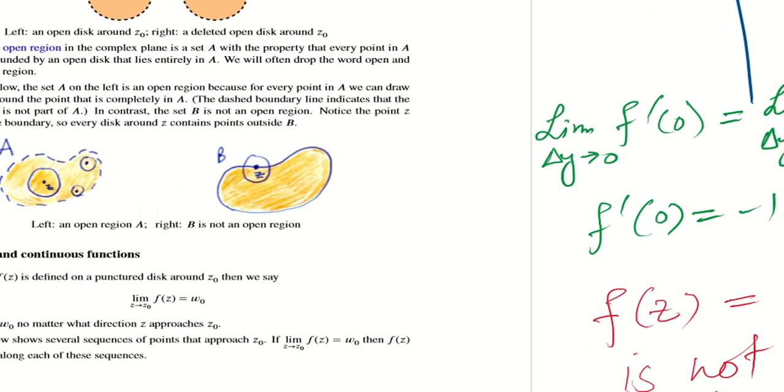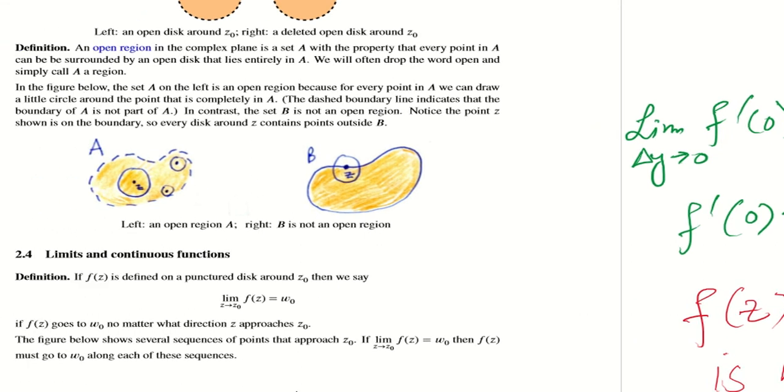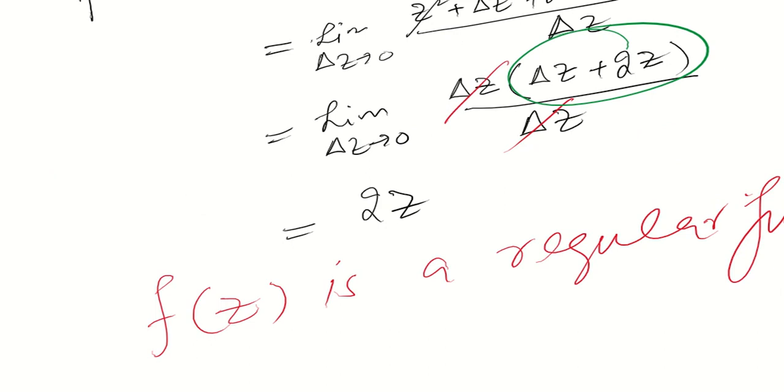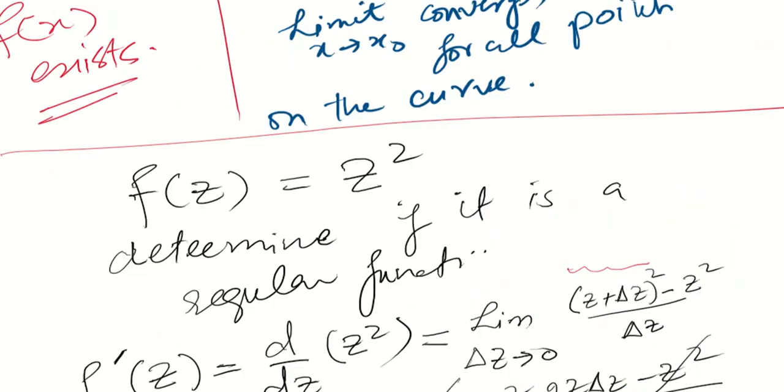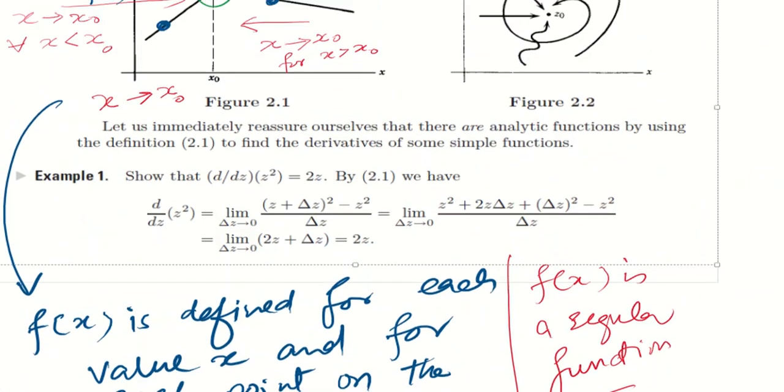In complex analysis, a function is a well-defined function only when we approach by whatever means, whatever path, it should give us the same value.